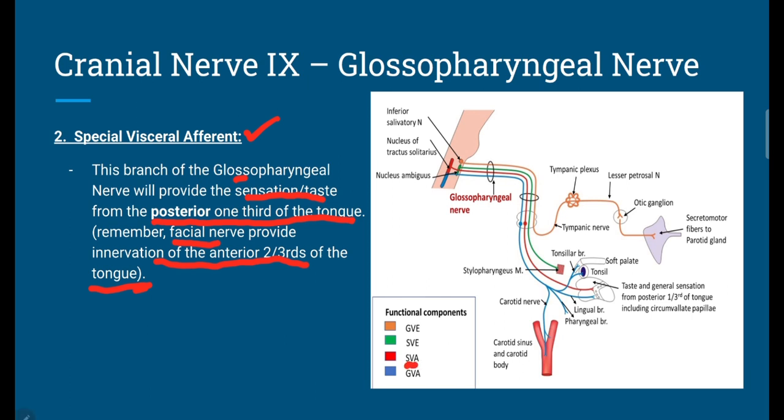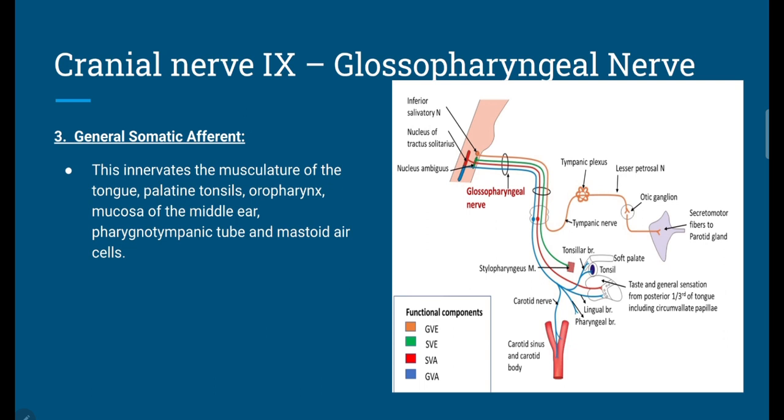Special visceral afferent, and this is the posterior part. So the taste and general sensation of the posterior 1/3 of the tongue, including the circumvallate papillae. It goes up, makes a synapse right there, and then the glossopharyngeal nerve comes down together, and it is getting innervation right here. This part gets its final termination in the nucleus of tractus solitarius.